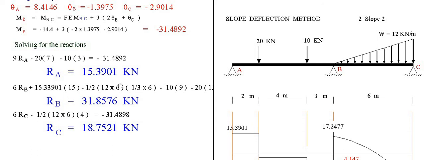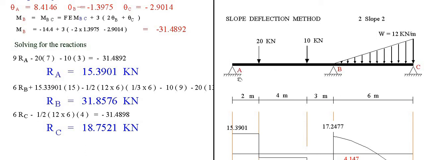Okay, to solve for RB, RA now is solved. To solve for RB, we take moment at C and equate to 0. All the forces on the left, solve that, then equate to 0. Okay, we have RB times 6 plus the reaction of 15.339 due to RA.